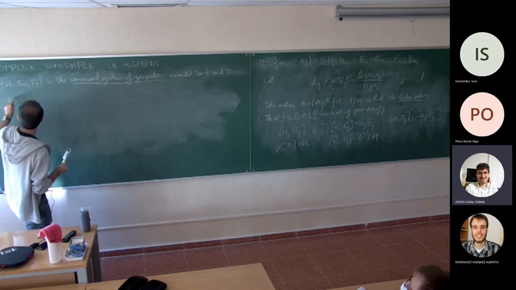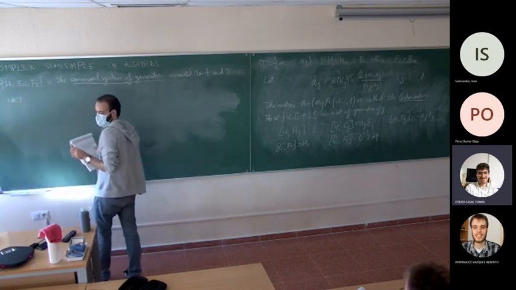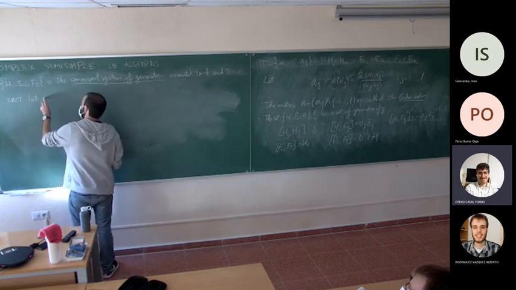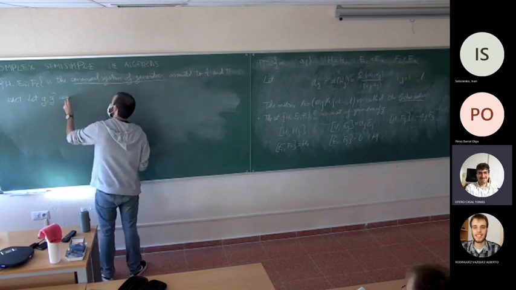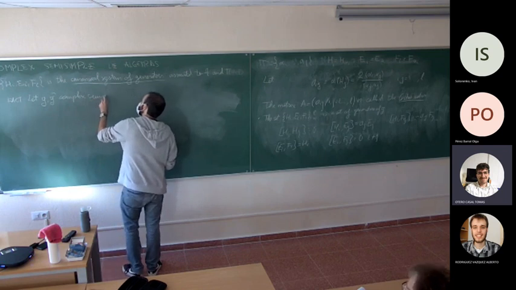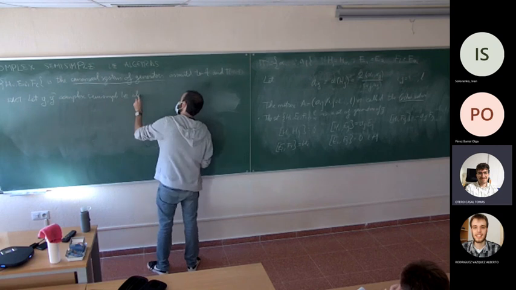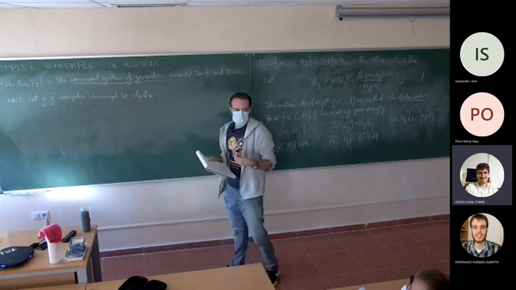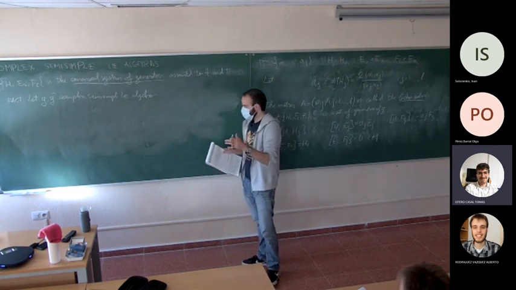I'm going to be more precise with another fact, which says that given two complex semisimple Lie algebras, and we make the choices of maximal toral subalgebras, we make choices for Weyl chambers respectively.